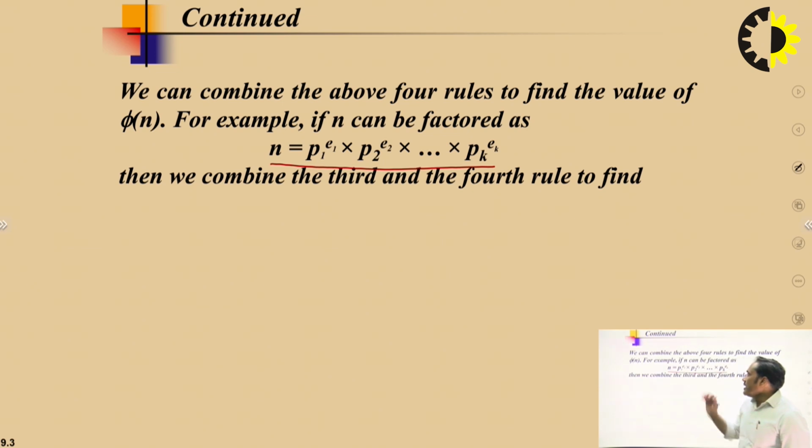So with the help of the four above rules we can calculate phi(n). The value of n depends upon the prime values p1, similarly p2, up to pk.